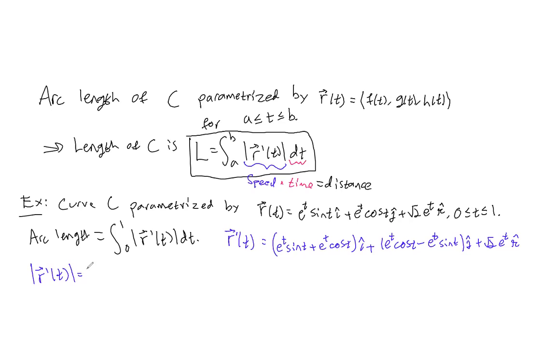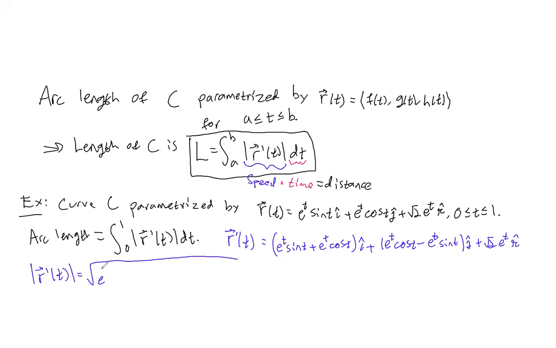Well, what we're going to do is find the square root, right? Great big square root of the square of e to the t sine t plus e to the t cosine t.